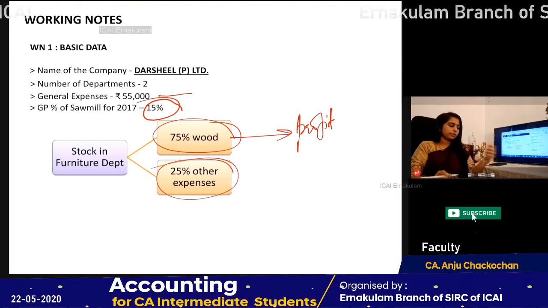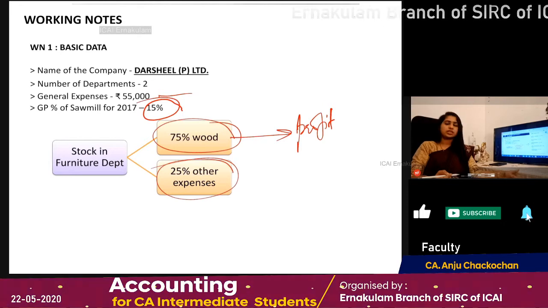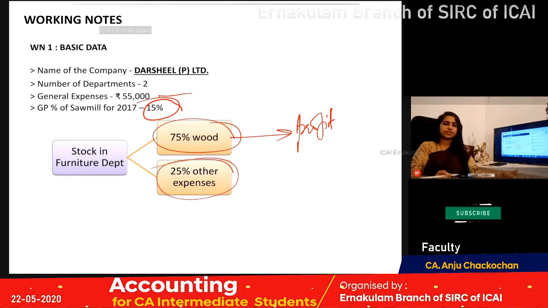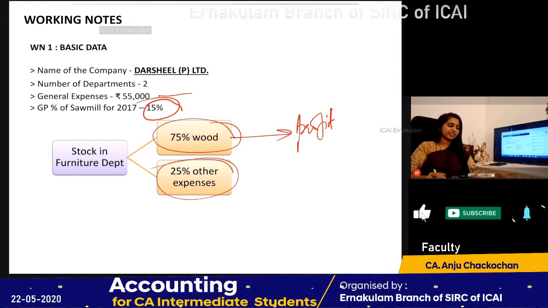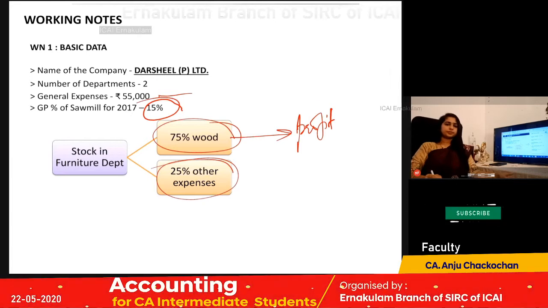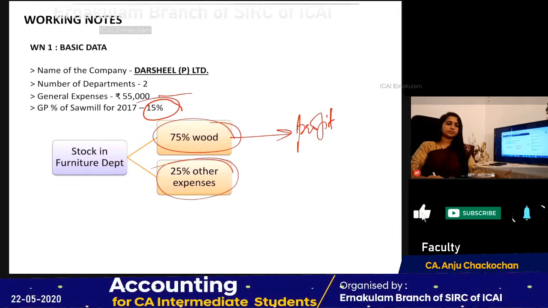Take this down, the basic data. Once you're done, please drop in messages. Okay, good.